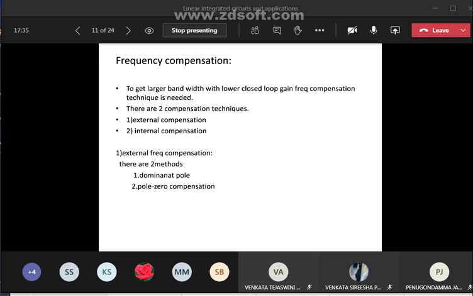But if you consider a system with 3 break frequencies, which is possible due to capacitive components, it is possible to have 3 or more break frequencies, or cutoff frequencies.